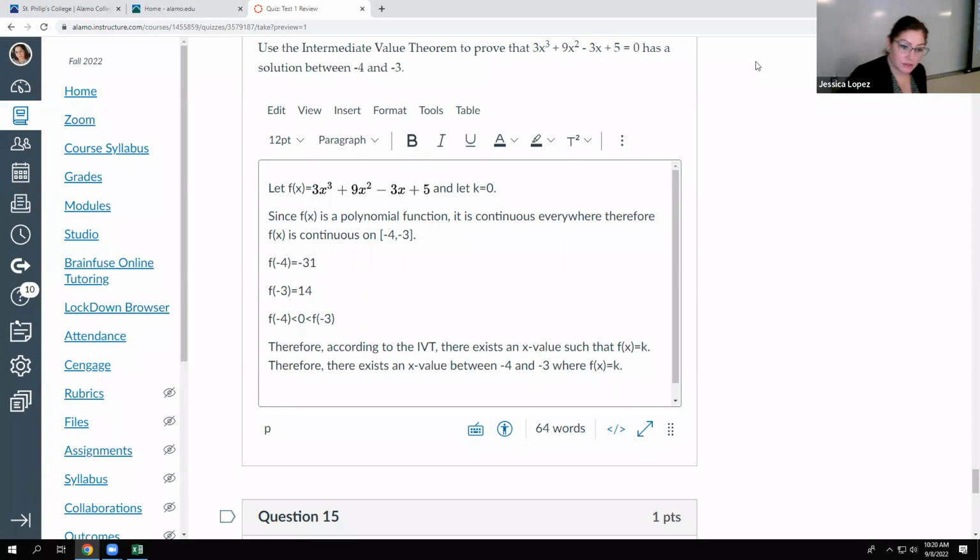So we did number 14. Any other ones anyone wants to see?